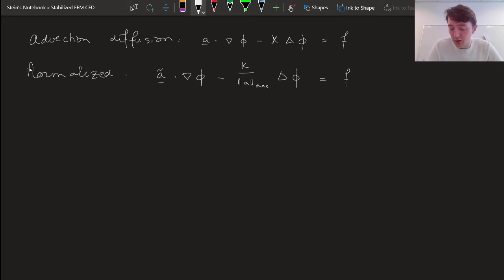It's going to be equal to also a normalized f here. And so we've divided by the maximum magnitude of A in our complete domain.